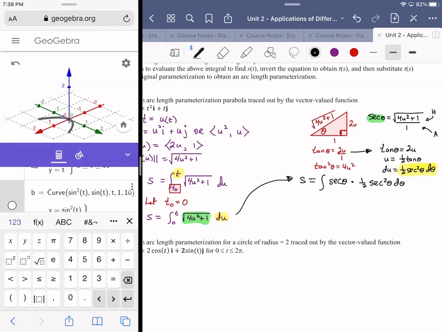All right. So then we can clean it up from there. You know, we can consolidate. But then we have to integrate this guy. All right. So that's where some other substitutions come into play.